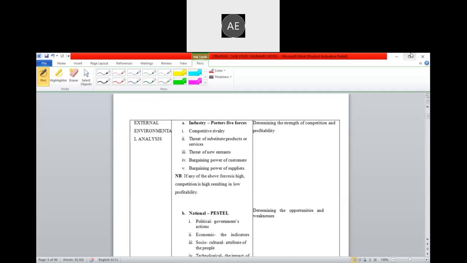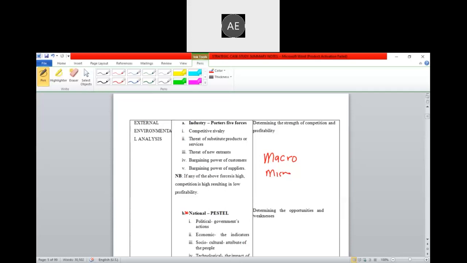So when you're asked to undertake macro environmental analysis, macro, as in M-A-C-R-O, then you are talking about the national environment. But when an organization is undertaking micro environmental analysis, then it means that organization wants to analyze the industry. That is the immediate environment.